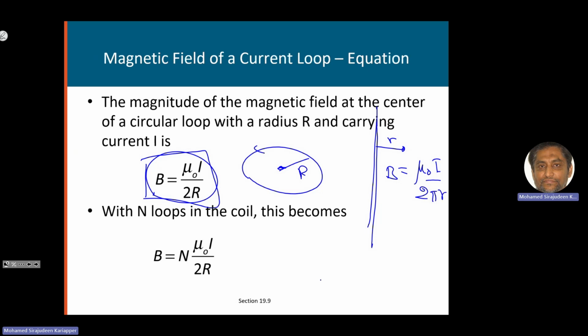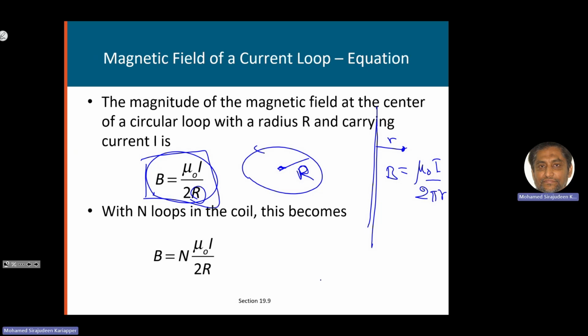For a loop, at the center of the loop, the magnetic field is mu0 I over just 2r. They are not the same. That one is for a straight long wire, and this is for a loop of wire carrying a current I. This r is the radius of this loop, and there, that small r is the distance from the straight wire to that point here.